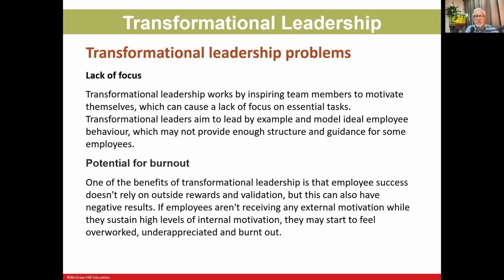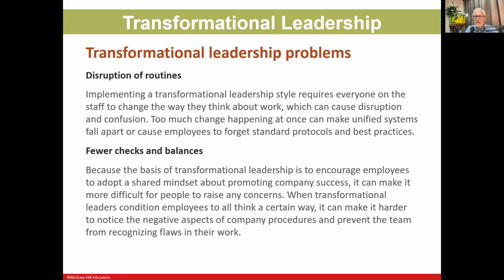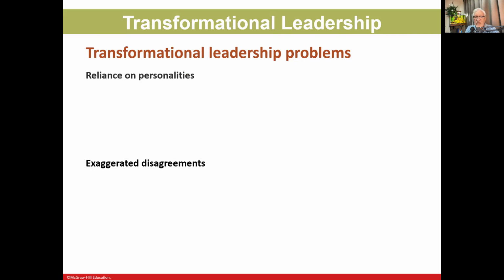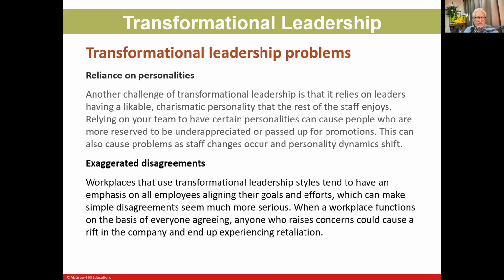It disrupts routines, and it doesn't provide for checks and balances, and consequently there's a problem with that. It relies on individual personalities, and it does, and I think this is a crucial one, tend to exaggerate disagreements.